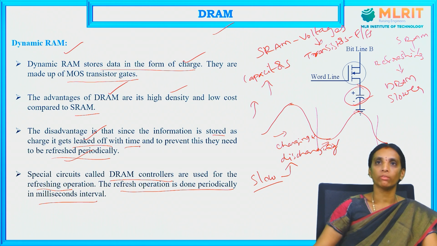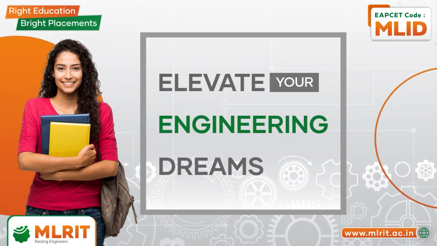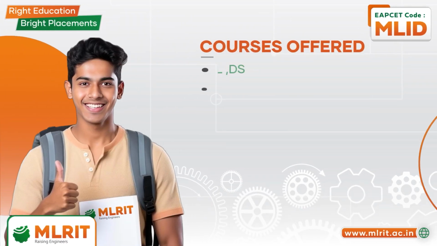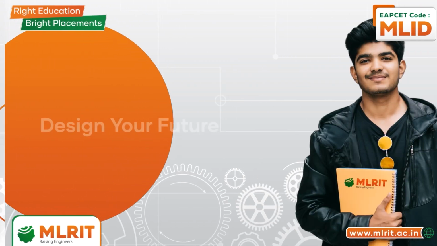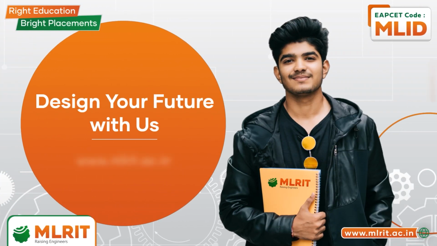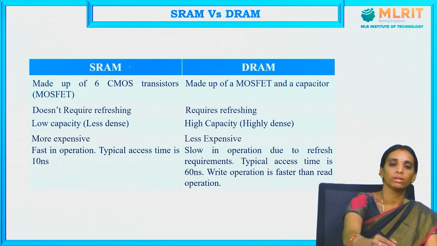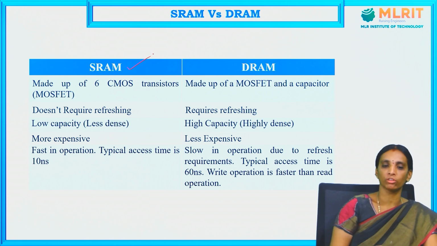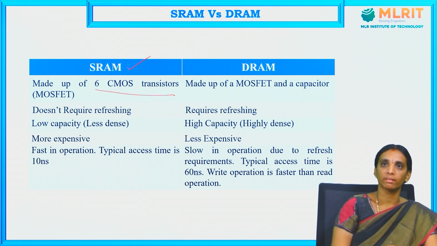And now we will see the comparison between SRAM and DRAM. Here the SRAM is made up of 6 transistors. We use 6 CMOS transistors to make the SRAM memory.